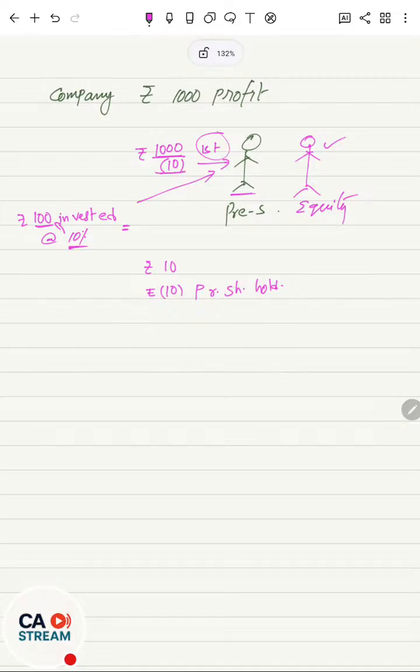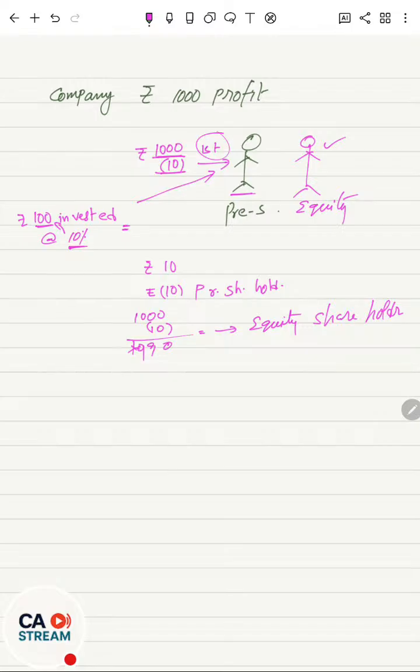Later, the amount remaining after payment of this 10 rupees is 990, not 1090. 990 rupees will go to the equity shareholder.